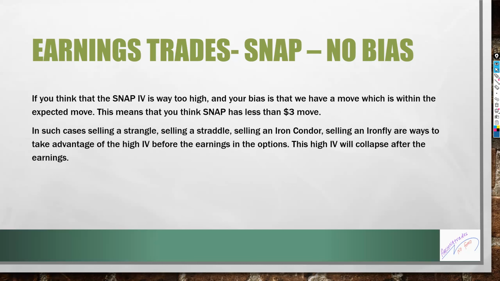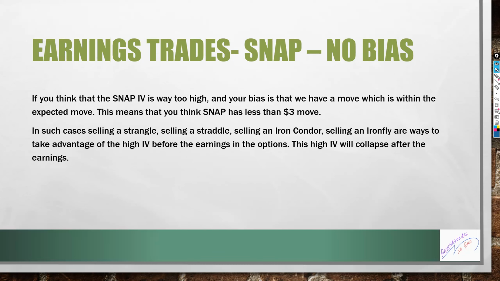It expected $3 and it was at 1268, which means the options had priced in a move to almost 950 on the low side and a move to almost 1550 on the high side. As long as Snap is in between these two levels, the IV collapse itself is going to take care of all the premium. So you could sell a strangle, sell a straddle, you could sell iron condors, sell iron flies.